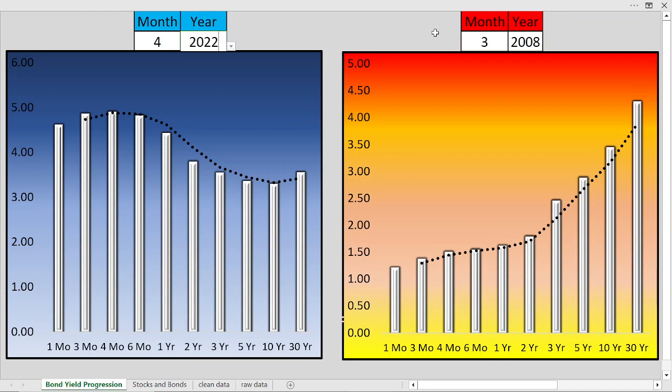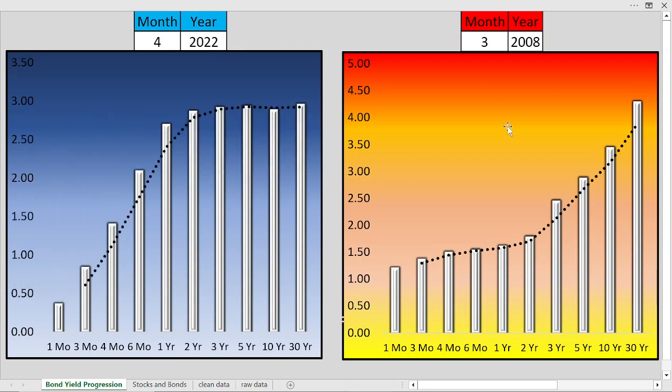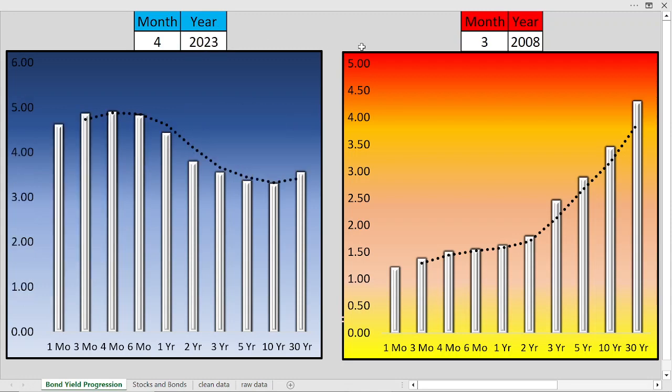Notice April 2022, the highest yield was on the 30-year. At the time, it told us there's higher rates into the future. Fast forward to April 2023, 1 year later, this is now telling us the highest yields are closer in the future, coming sooner, not the more distant future.